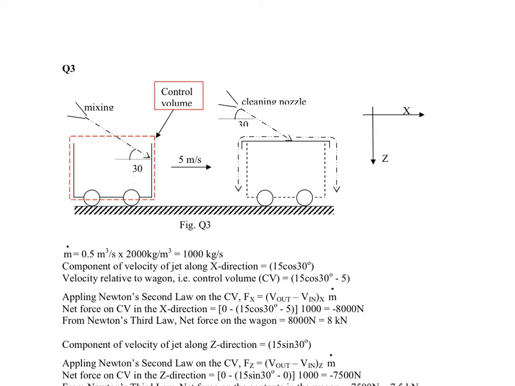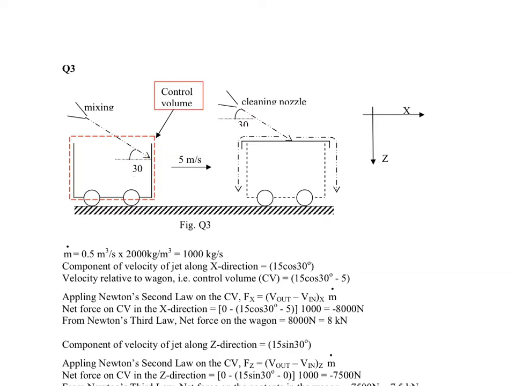Now, if we look at the solution for the first part, the mass flow rate is the volume flow rate multiplied by the density of the slurry, which is 2000 kilograms per cubic meter, giving 1000 kilograms per second. The component of the velocity of the jet in the x direction is 15 cos theta.